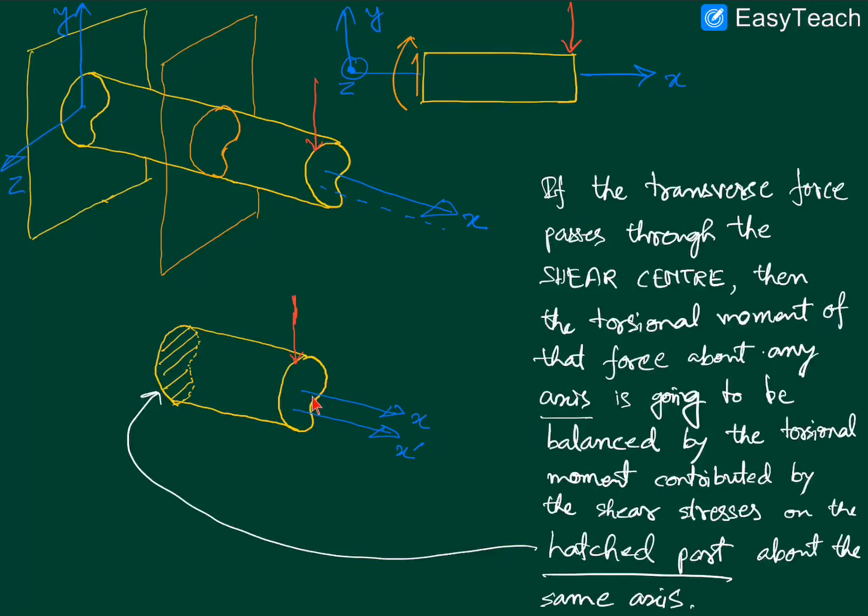And if you cannot find out the distribution of shear stresses so easily, then how are you going to calculate the torsional moment that is contributed by these shear stresses?